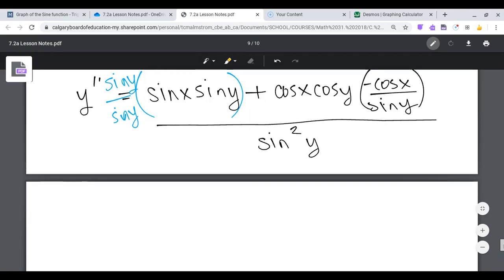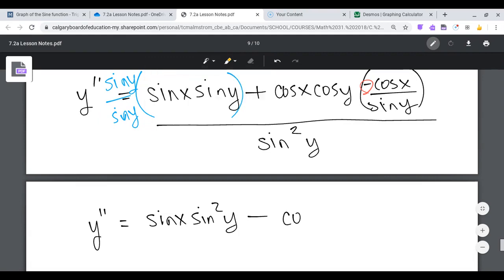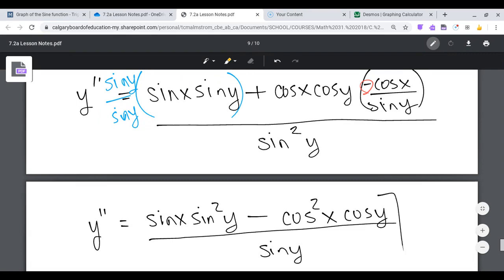And so y double prime is equal to sine x times sine squared y plus, minus because we have this little guy right here hidden. Okay, so I have minus cos squared x, cos y, and then all of this is over that common denominator of sine y that I just made. And then this is divided by sine squared y.